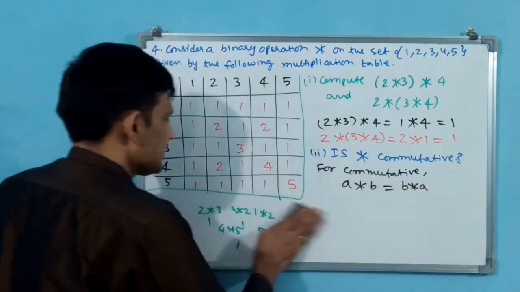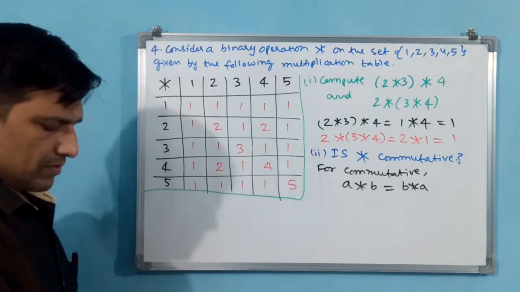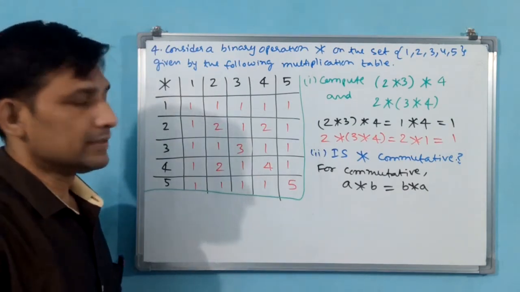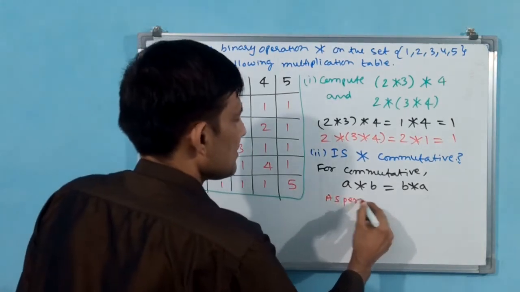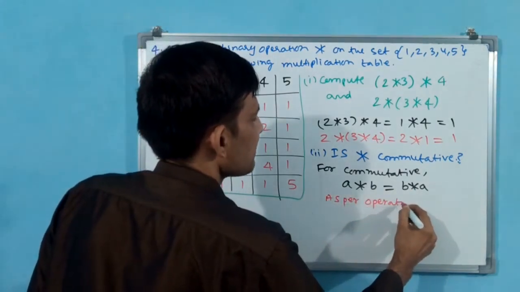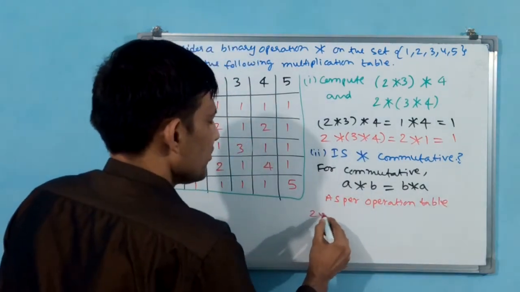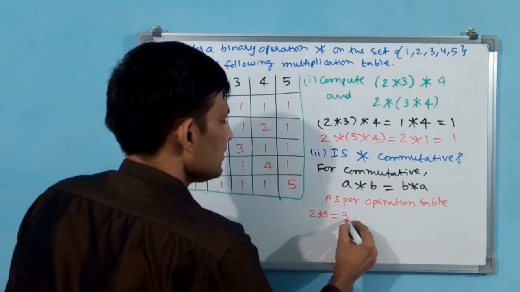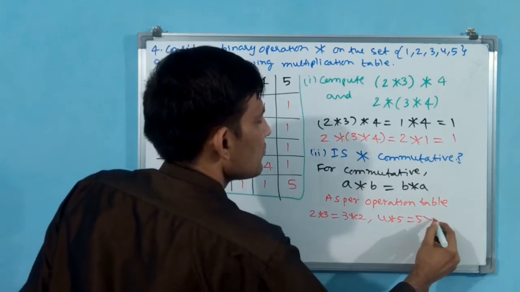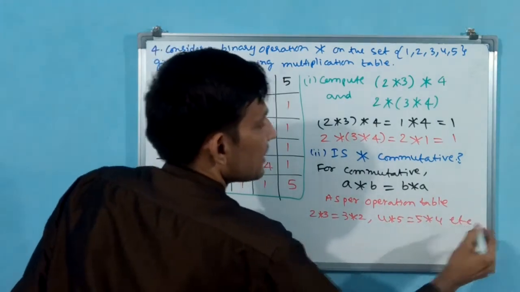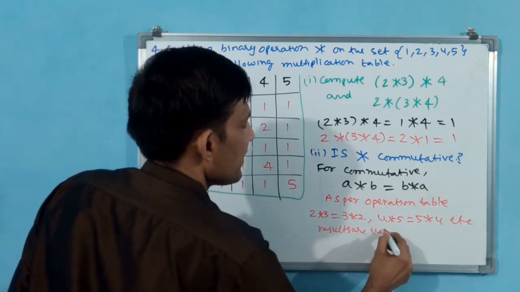But how to write this answer? How do you write it? As per the operation table, you write: 2 star 3 is equal to 3 star 2, 4 star 5 is equal to 5 star 4, etc. Results are verified.